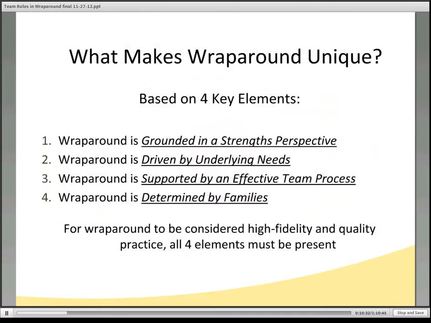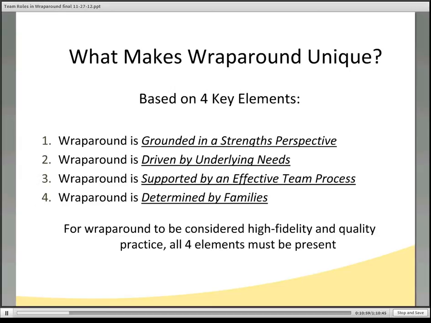There are also four key elements that make Wraparound different from other person-centered practices that you may be familiar with, or team-based models that you've heard of. And these four elements are grounded in a strengths perspective, driven by underlying needs, supported by an effective team process, and determined by families.